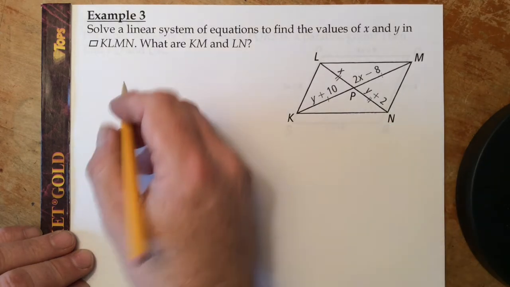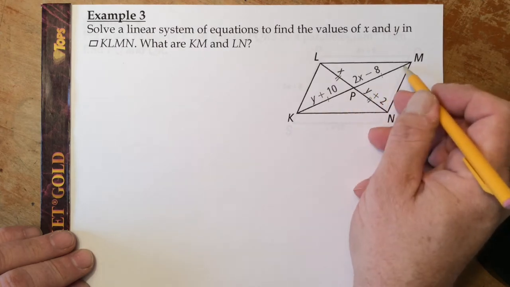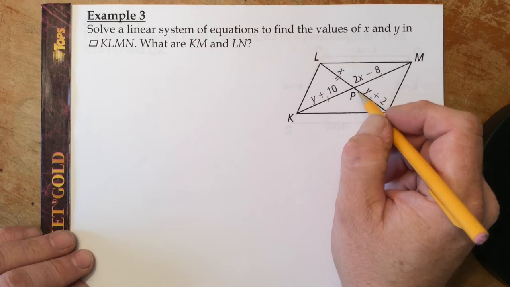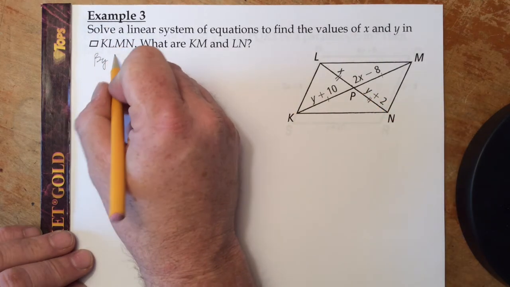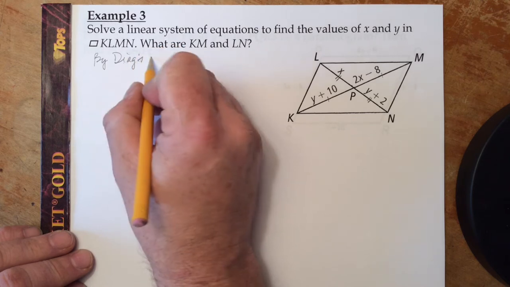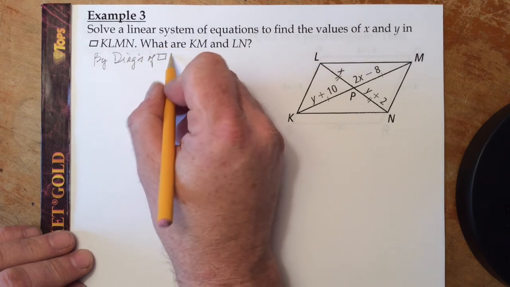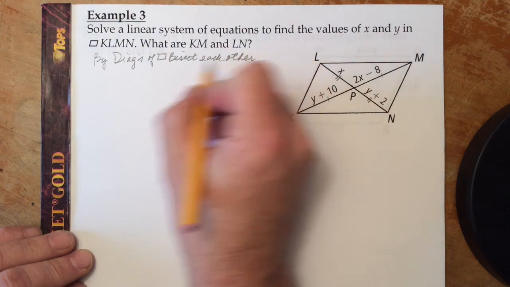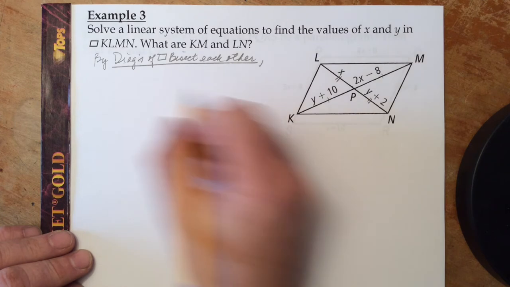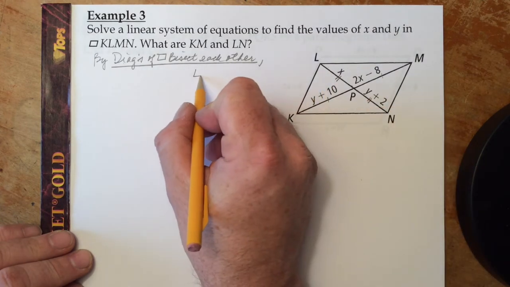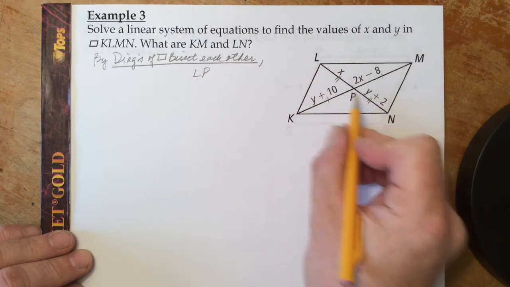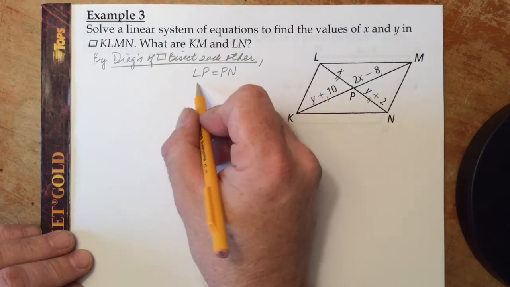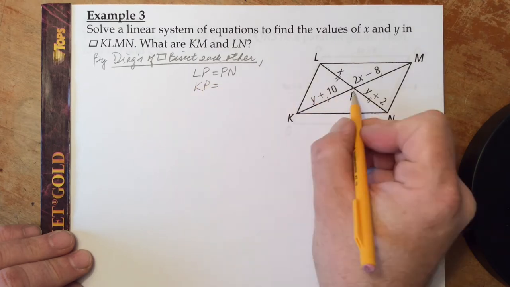Knowing that, we can set these two equal to each other and these two equal to each other, creating two linear equations with two variables. So, by diagonals of a parallelogram bisect each other, the length of LP must be equal to the length of PN, and the length of KP must equal the length of PM.